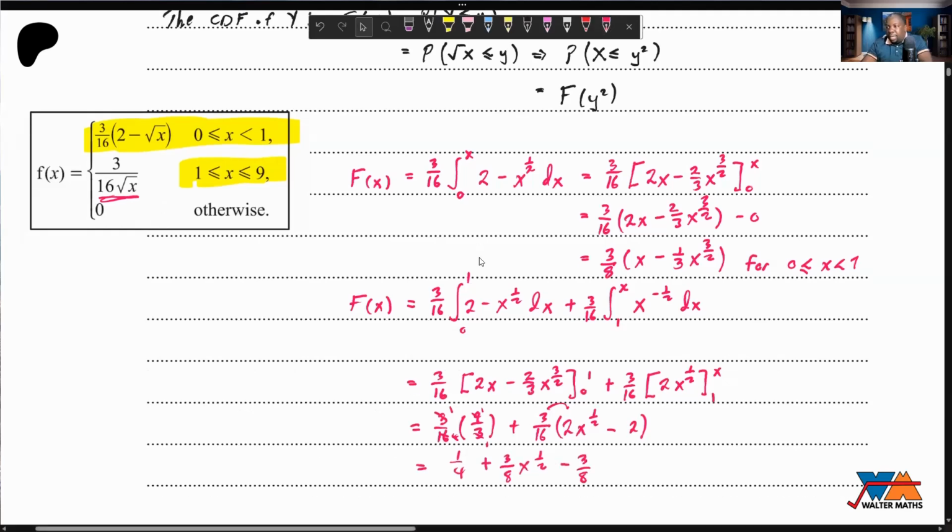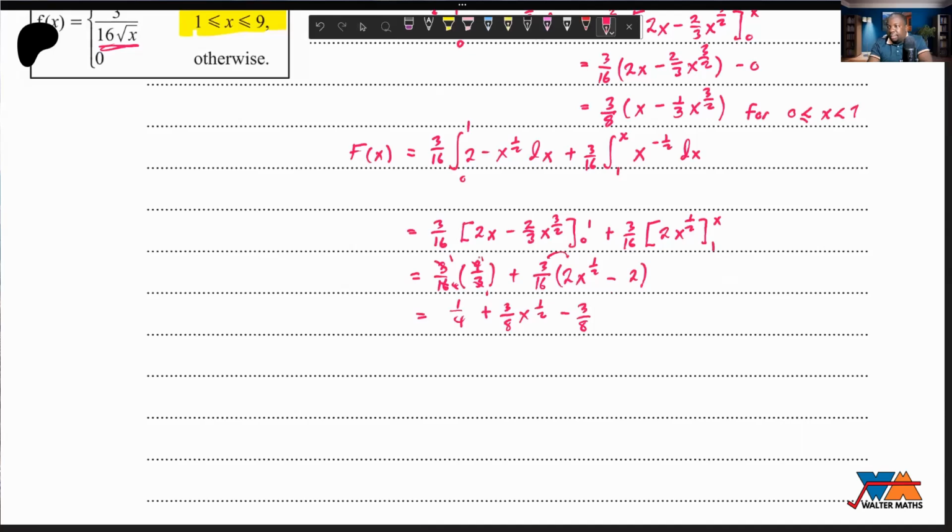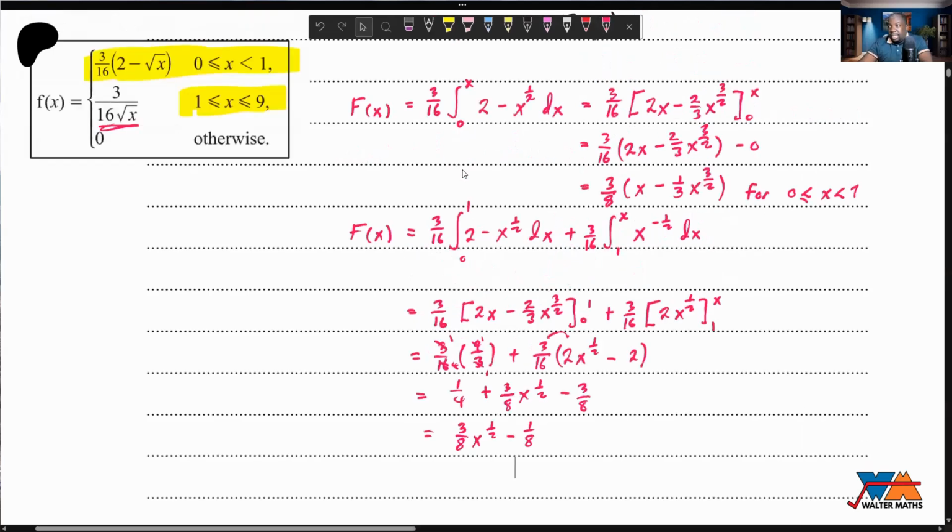So this leads to F of x being equal to a quarter minus 3/8, which is actually minus an eighth. So we have 3/8 of x to the power of a half, minus an eighth. So this is what we're getting for the other piece.